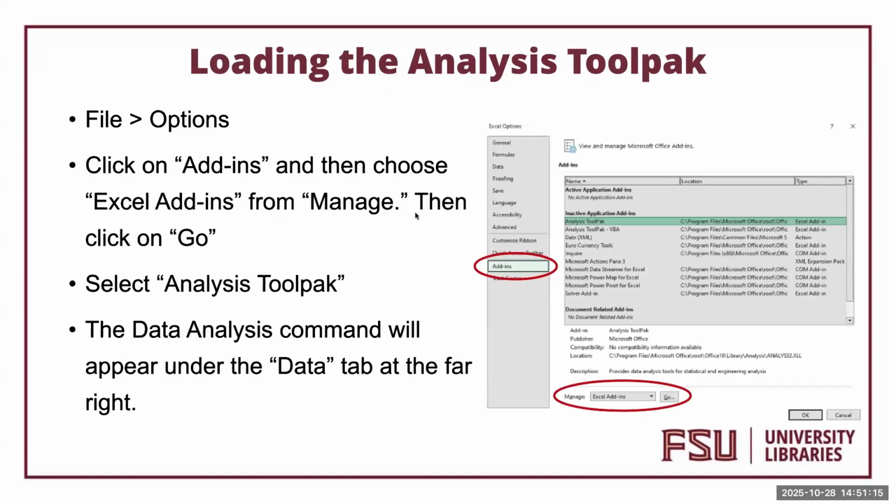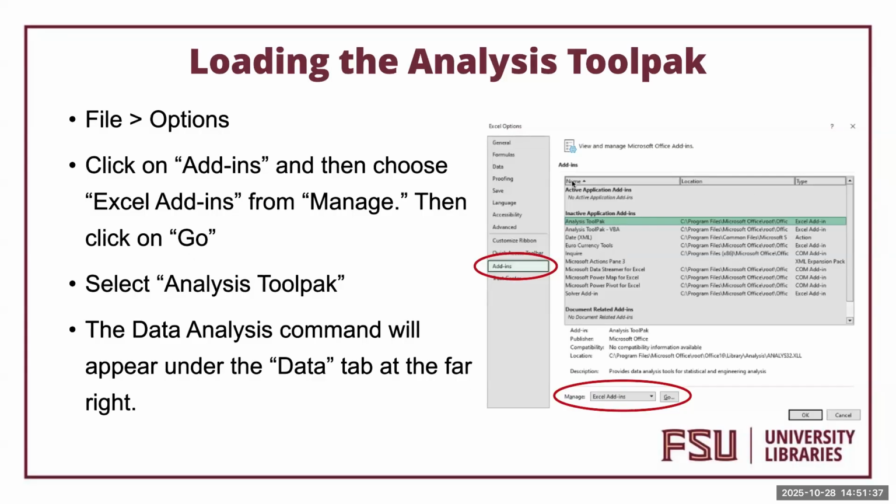All right, so loading the analysis tool pack. This is a little bit different, whether you are on a Windows machine or on a Mac. I'm on a Mac right now, so I'll demonstrate how to do it on a Mac in a second.